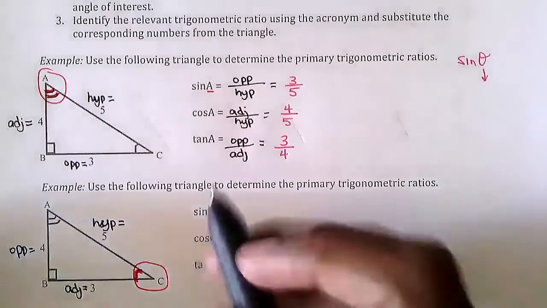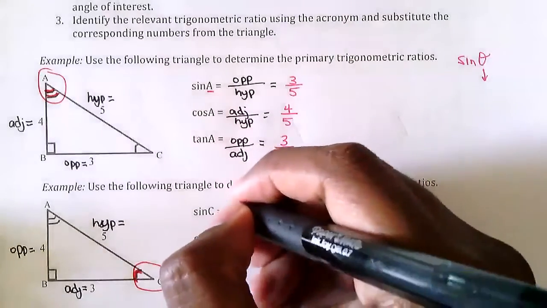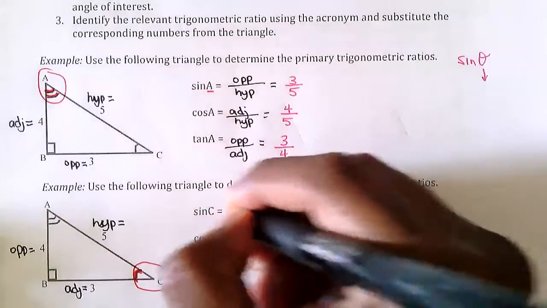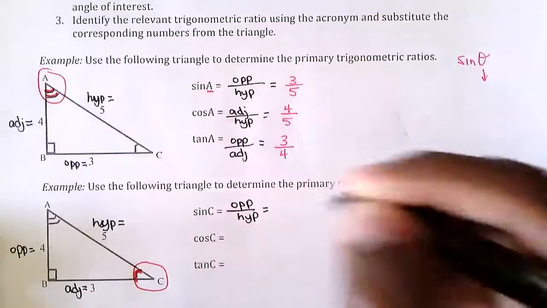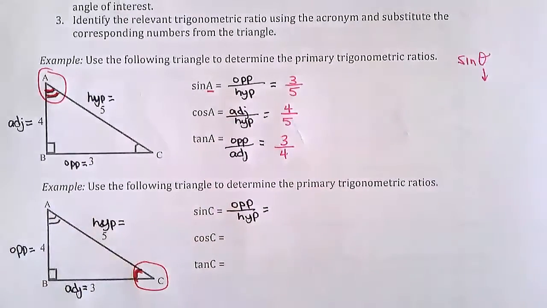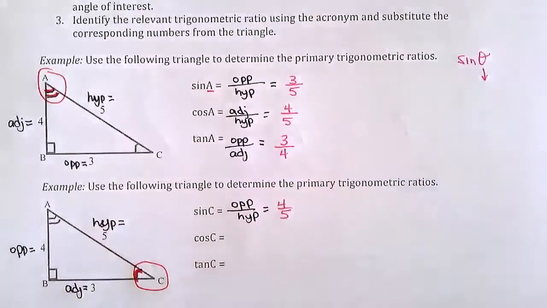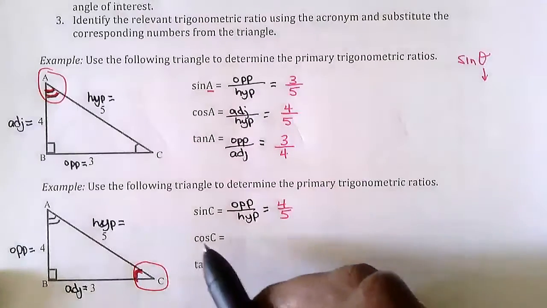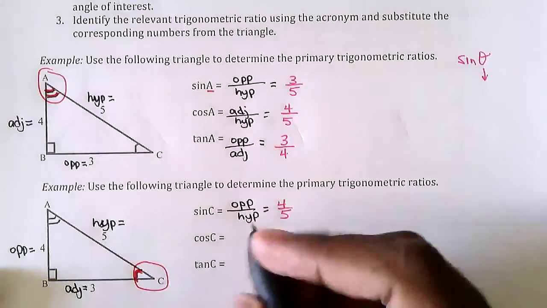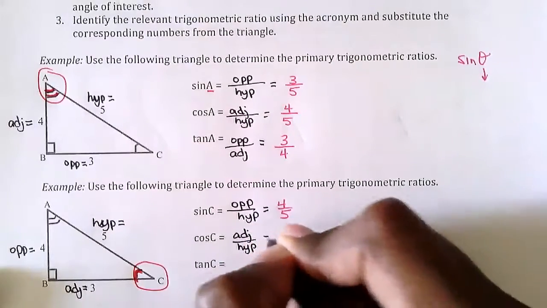So we're going to do the same thing. We have sine C. Sine is always SOH, opposite over hypotenuse. In this case, my opposite is 4 and my hypotenuse is 5. Then we have cos C, which is CAH, so adjacent over hypotenuse.